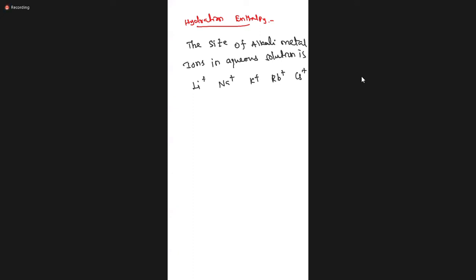The size of alkali metal ions in aqueous solution, in water: Li+ is larger than Na+, then K+, then Rb+, then Cs+. This is the order of the size of alkali metal ions in aqueous solution.